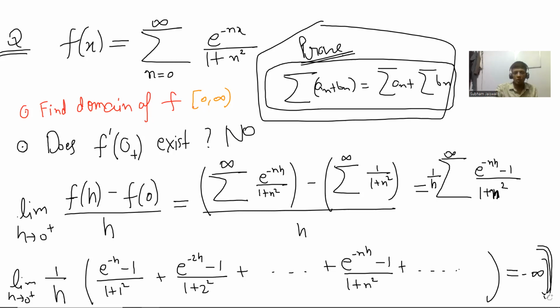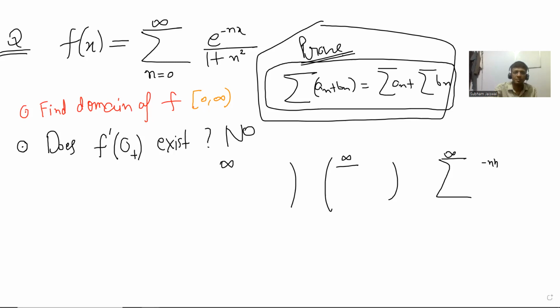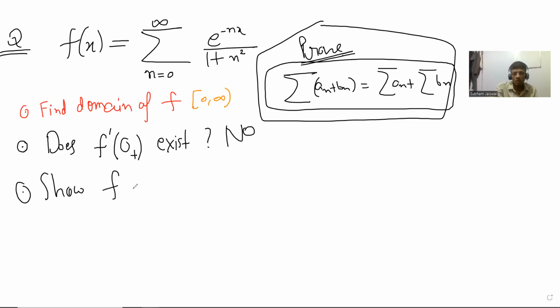And then you can try to show that at every other point, actually, the function is differentiable. That is also homework. Show f is differentiable at every point, and hence at least if not, try to show it is continuous.